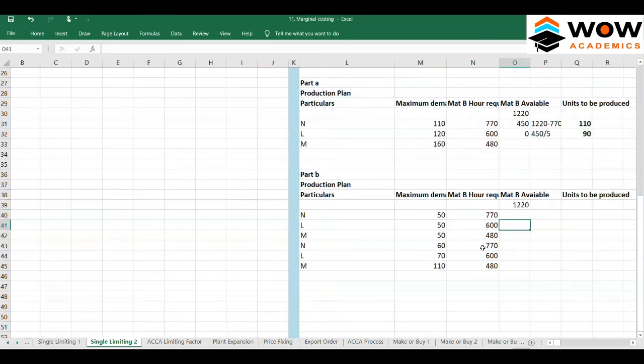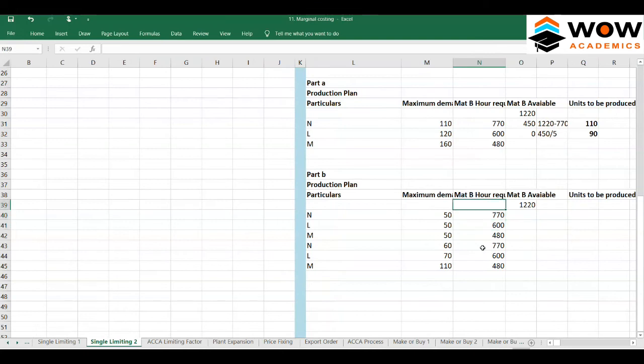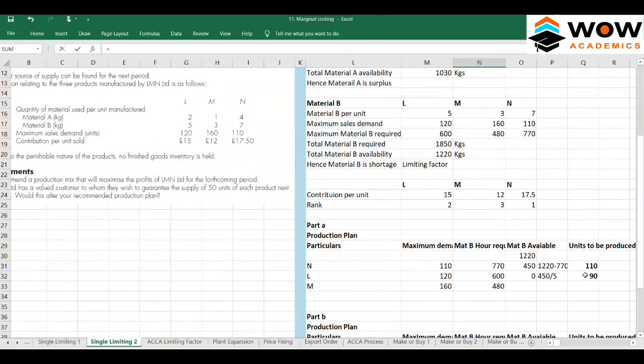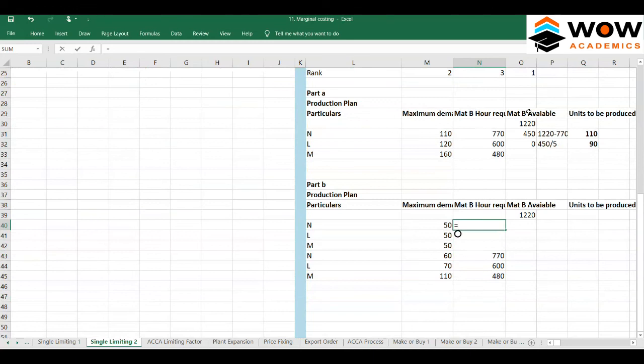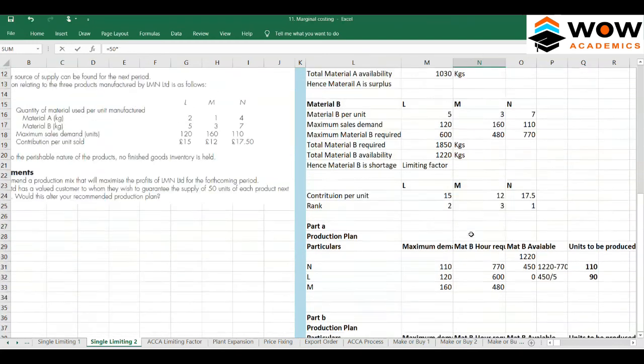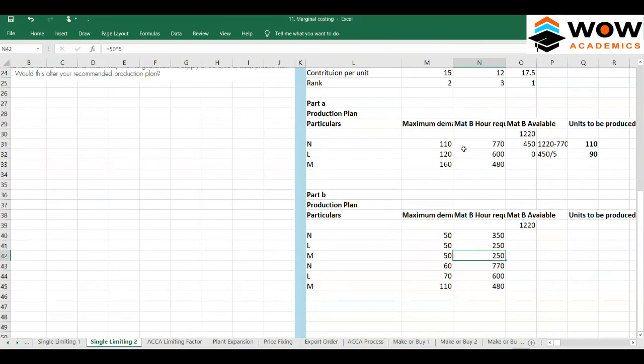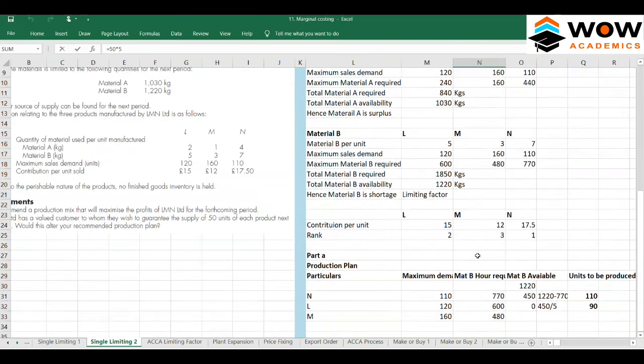Okay, and how much material they require, so we have to work out them. So okay, N requires 7 kg, L requires 5 kg, M requires 3 kg.